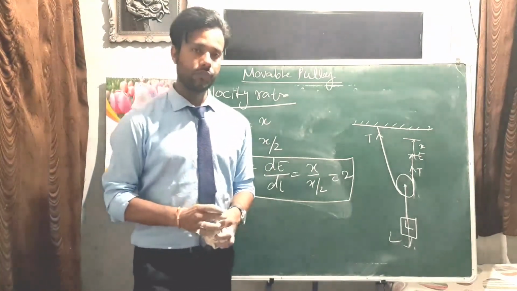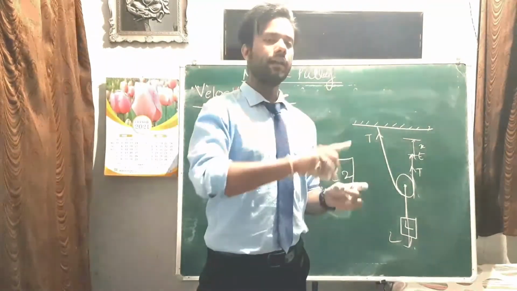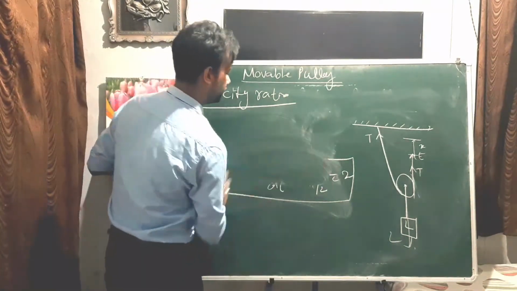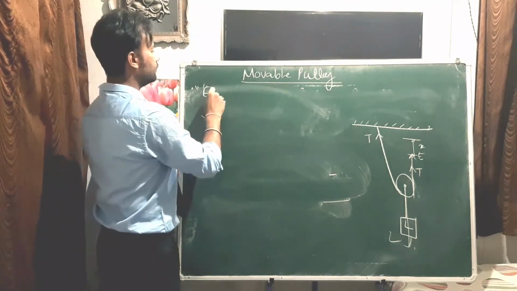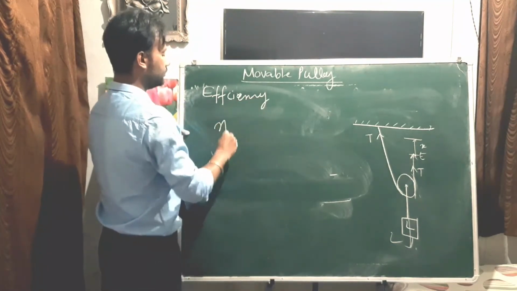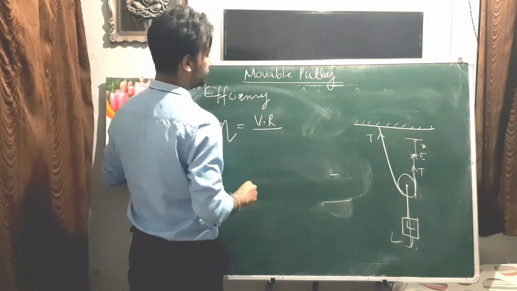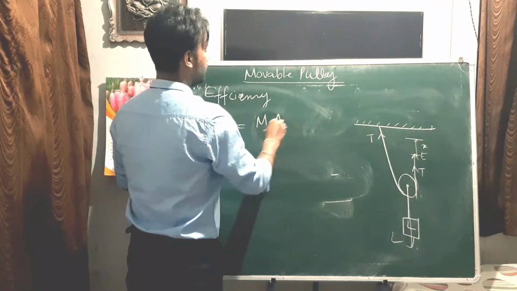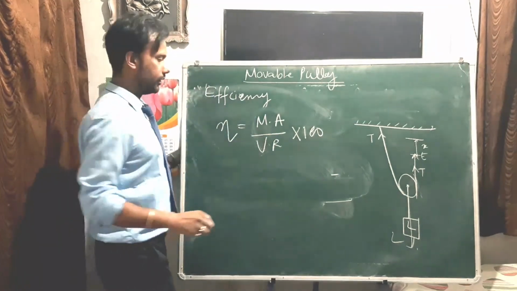What will be the efficiency of this pulley? We can find it from the relation: mechanical advantage equals efficiency into velocity ratio. So efficiency eta is equal to mechanical advantage upon velocity ratio into 100.